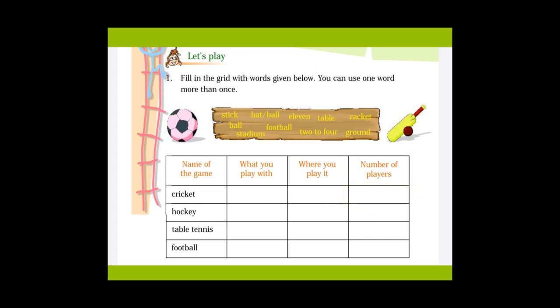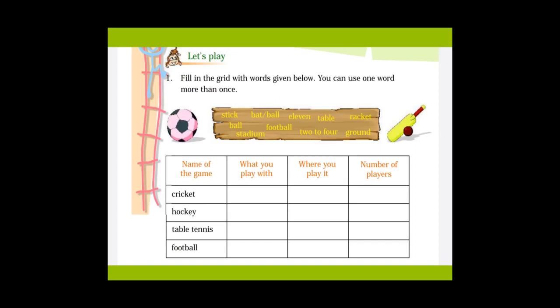So like this you will complete it for all the four games. First cricket, then hockey, then table tennis, and then football. In all these games you have to write the things with which you play them, the places where you play them, and number of players in each game.